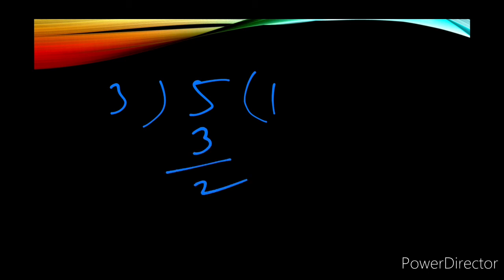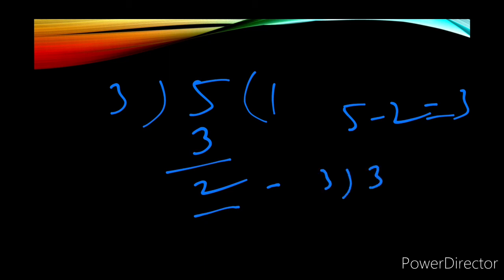So, which number can be subtracted from 5 to get remainder 0? We have to subtract the remainder 2 from 5, that is 5 minus 2 is equal to 3. What do you get?